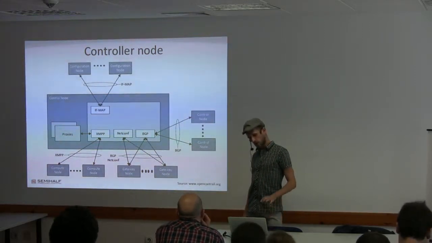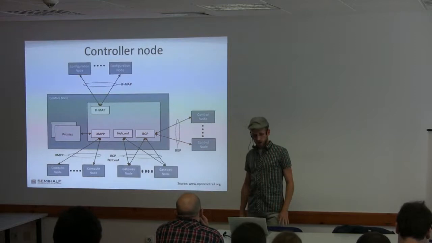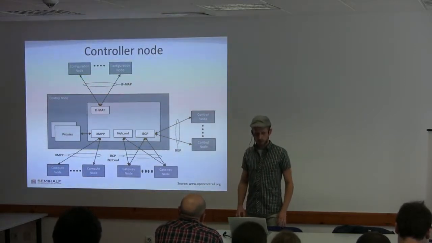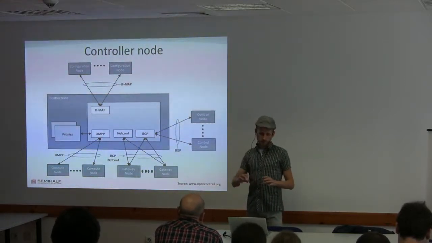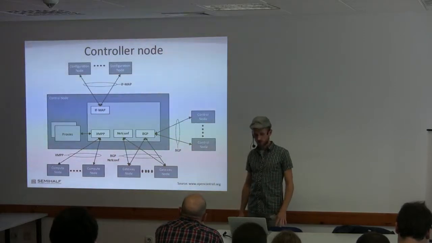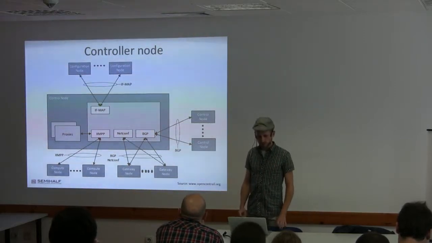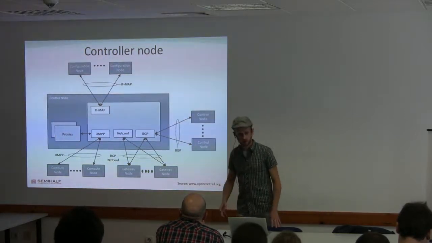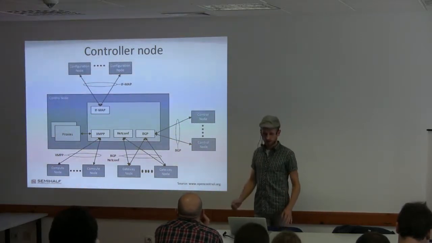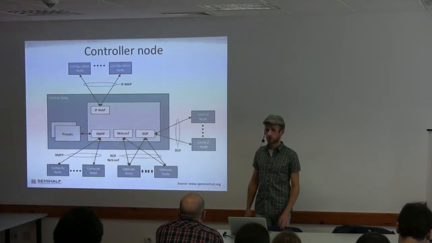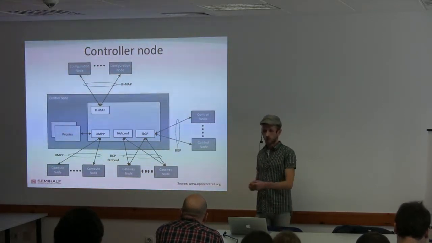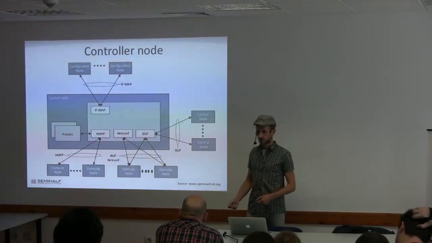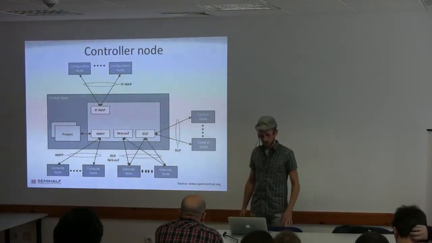Besides the communication with the compute nodes, each control node also communicates with other control nodes using the BGP protocol, and it can communicate with regular hardware equipment. So any switch that understands NETCONF or BGP also can communicate with control nodes, so they can exchange their routing information and cooperate very smoothly.